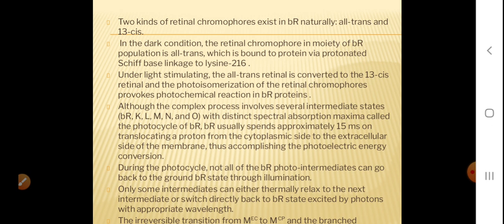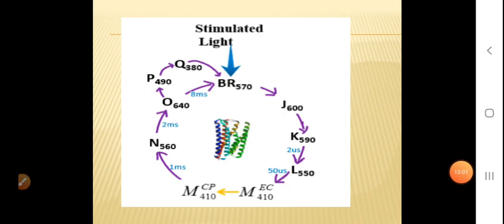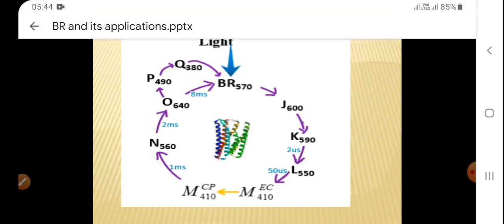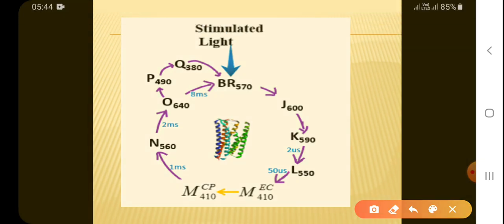Now in the next slide, we'll look into the actual schematic representation of the photocycle. This is a schematic representation of the photocycle. Under the stimulation of light, your Br molecule.